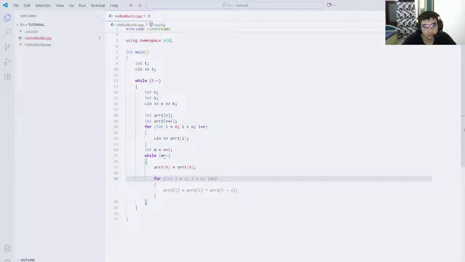I think I can just make it n minus minus because do I even need it? Because I am putting the loop in here.